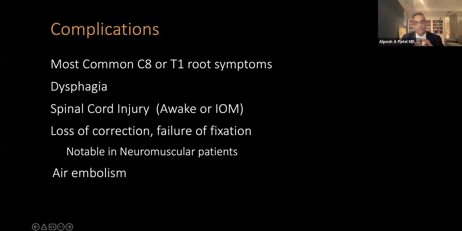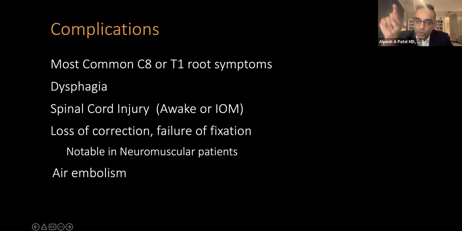All right. So going to the failures as we wrap up. Complications: we talked about the high risk patient population, age, comorbidities, and then the procedure we're taking them through. In terms of unique complications, the most common issue that we'll identify in many of these patients is actually two things. One is a C8 or a T1 radiculopathy. So it's pretty common to wake up and have a little intrinsic weakness, to have a little bit of numbness following along the C8 to T1 distribution.